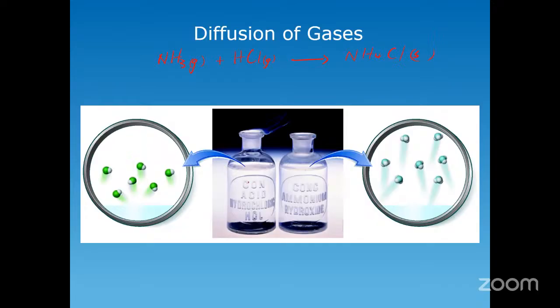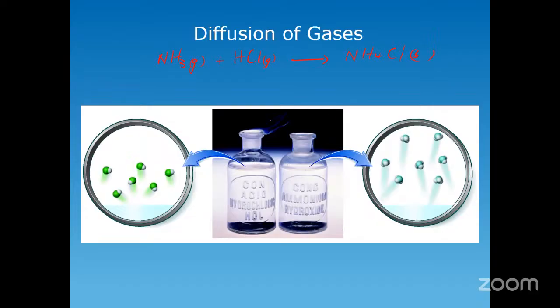And what is observed in this setup is, if you open up the two bottles and allow the fumes to emit, the ammonia and the hydrochloric acid will come in contact with each other and react to form the ammonium chloride.